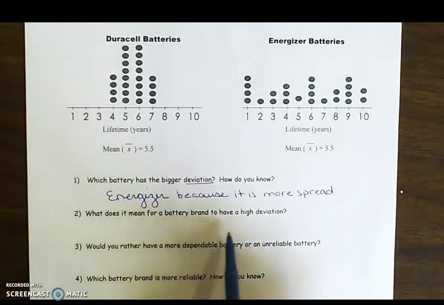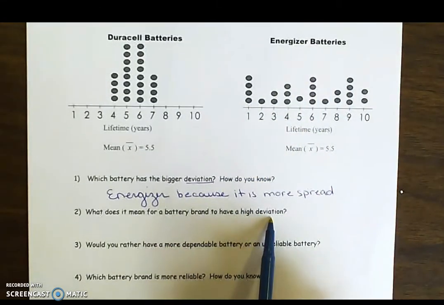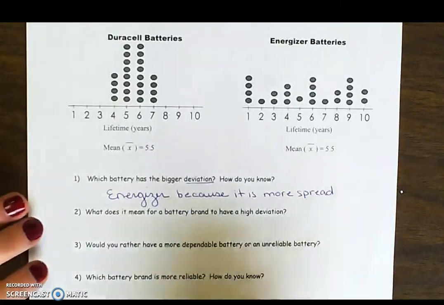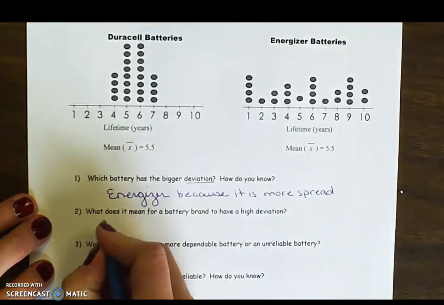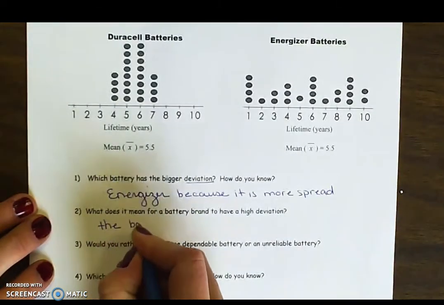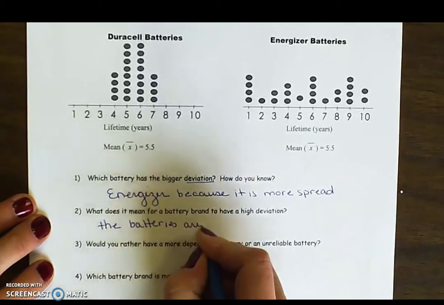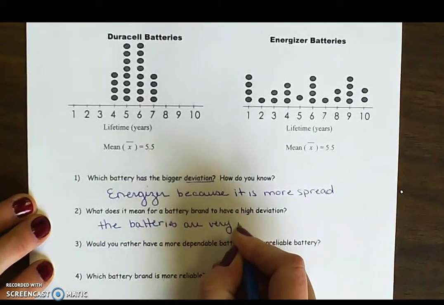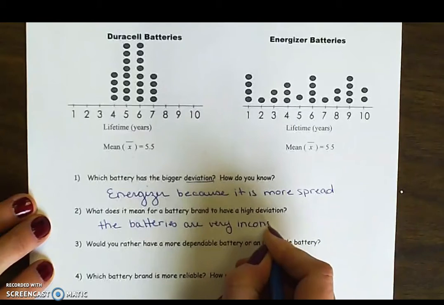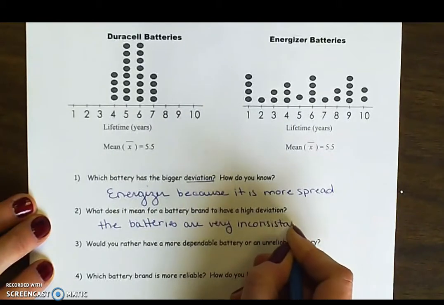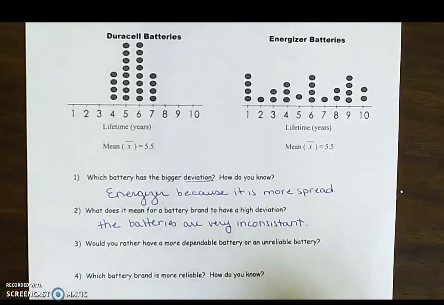All right, well, to me, if it has a high deviation, it's very inconsistent with its lifetime. So it means the batteries are very inconsistent. You don't know how many years the battery's really going to last.